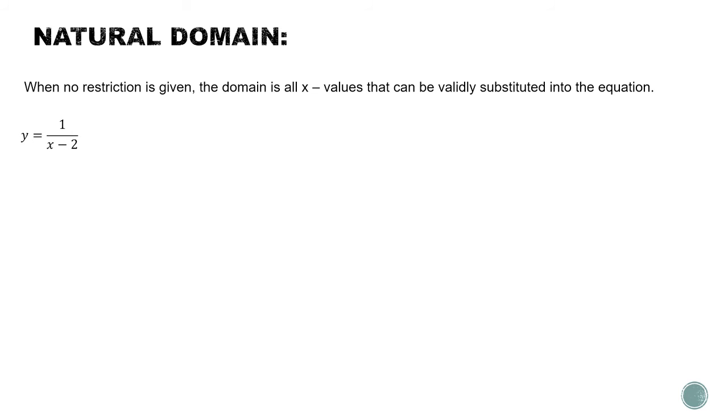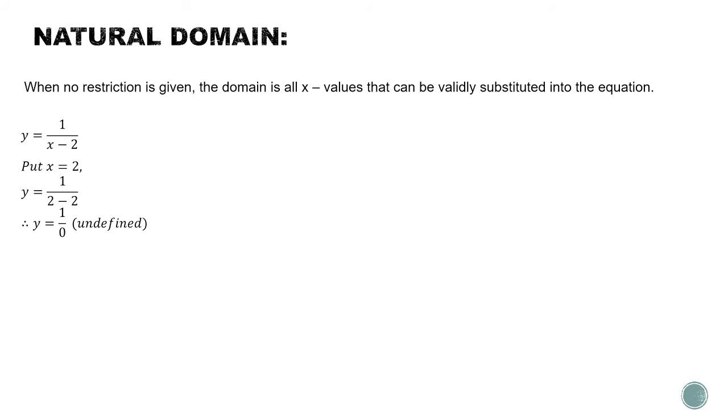Let's try to understand this fact by taking one example into consideration. Let's see, the equation is given as y = 1/(x − 2). Now, if you put any value of x, 1, 2, 3, 4, 5, 6, any value, negative, positive, integer, you will be getting some value of y. But if you put the value of x equal to 2, I am afraid you will get y = 1/0, which is undefined.